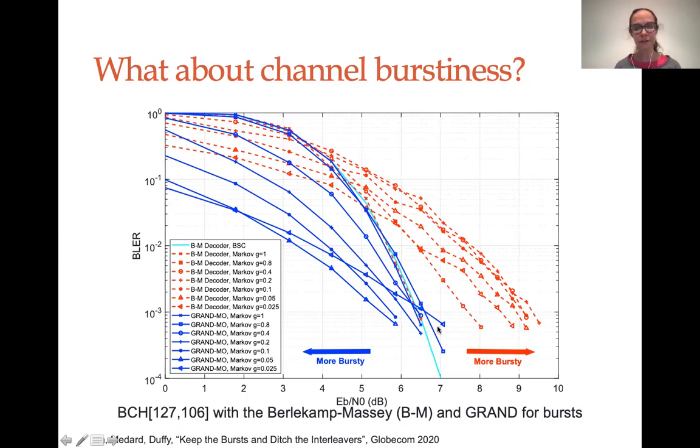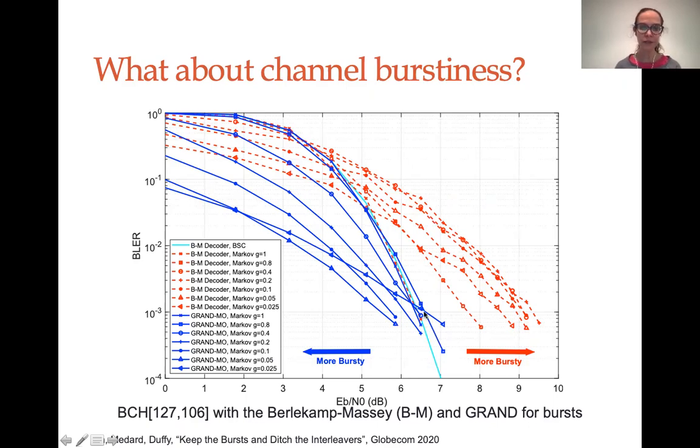You can see that if you have, say, a BCH code with a Berlekamp-Massey decoder, which is very good in the case of uniform noise, and that's what you get with a binary symmetric channel, it's this turquoise curve here.